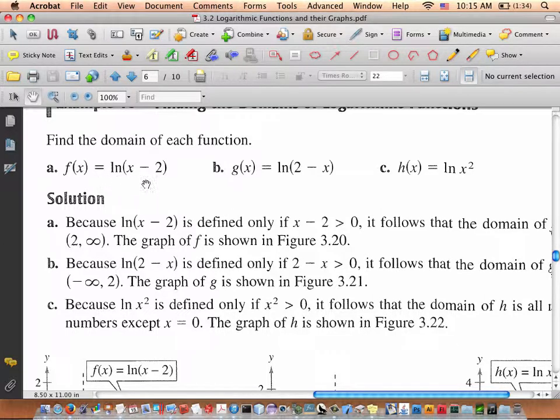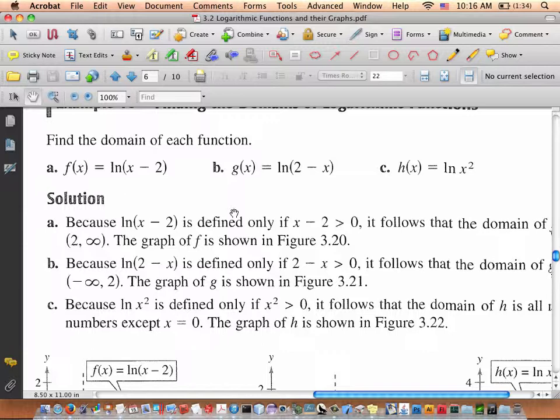Now right here, there's a transformation on this function. What kind of transformation is it? To the right 2 units. What does that change for the key points? There's an x-intercept, but there's no horizontal asymptote.